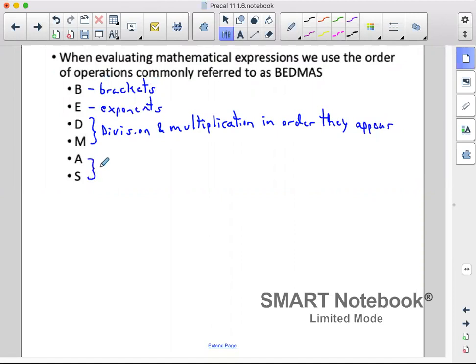Last, we have addition and subtraction, also occurring in the order they appear. So we're going to use BEDMAS to help us solve and simplify some questions.